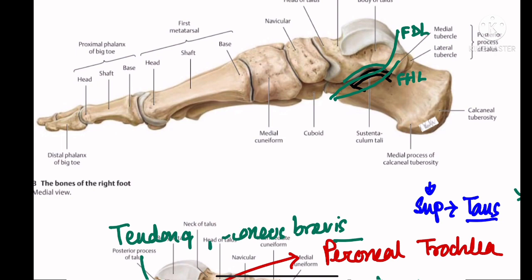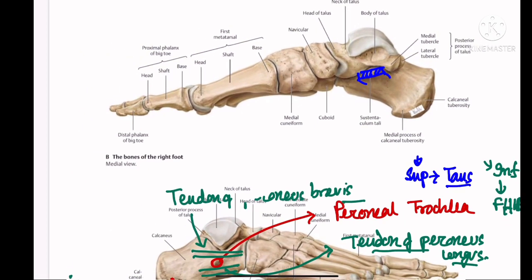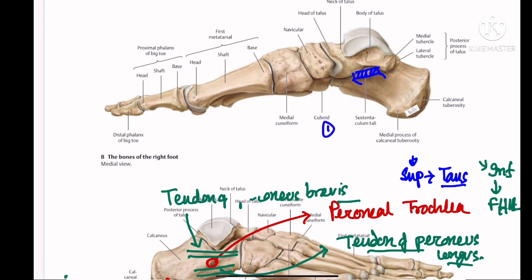Apart from this, the medial surface of the sustentaculum tali provides attachment to the following structures. Number 1, spring ligament.